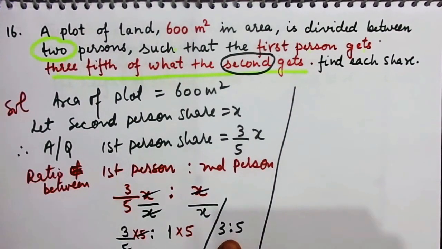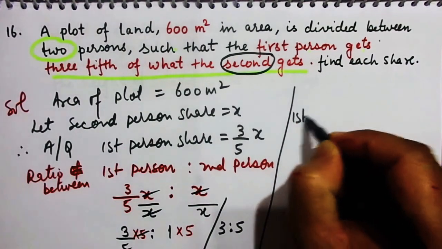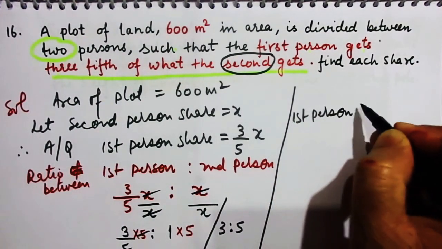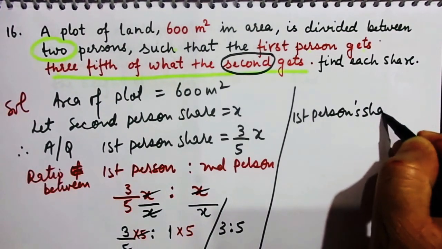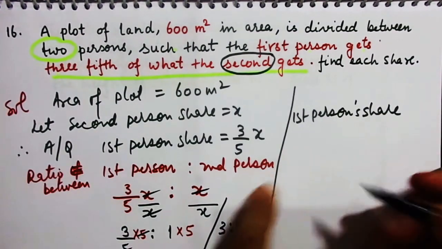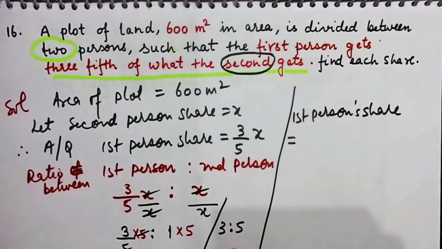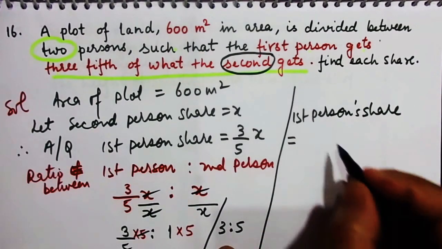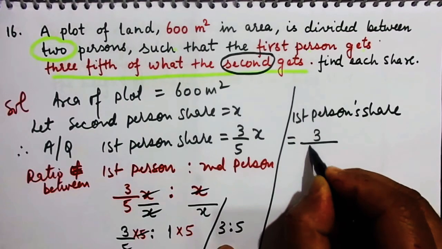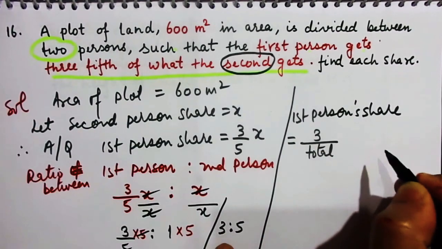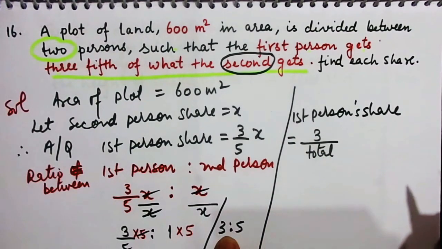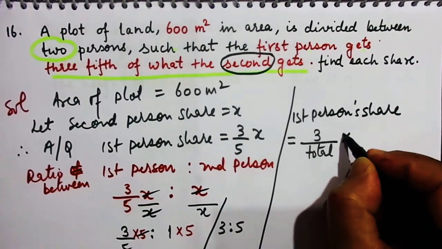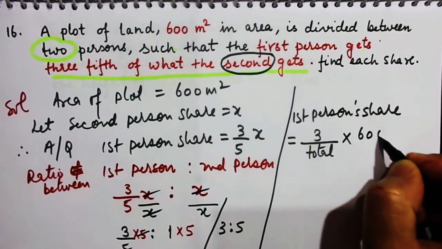Now, once you have got the ratio of the value of the land, can't you find the first person's share? The first person's share will be equal to 3 by the sum of the ratio, multiplied by 600.